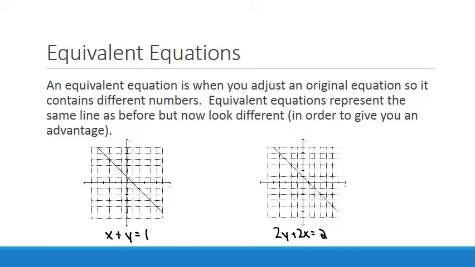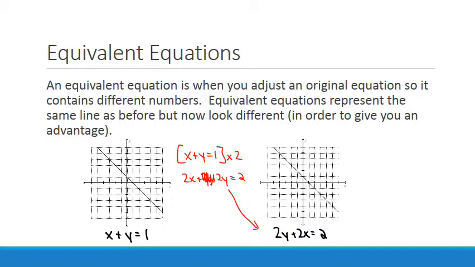So if we ever manipulate an equation, like you can see what I've done here, I have x plus y equals 1, and if I multiplied this by 2 for some reason, I would get 2x plus 2y equals 2, which I have to the right there.